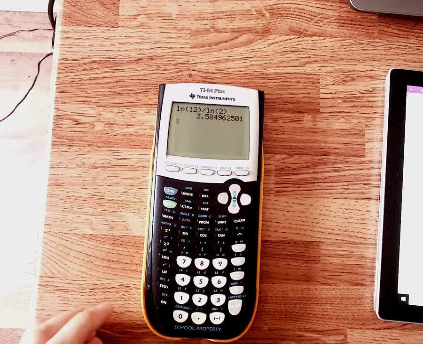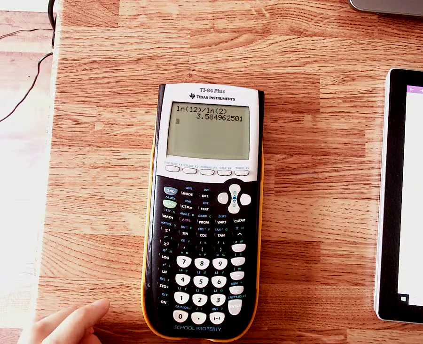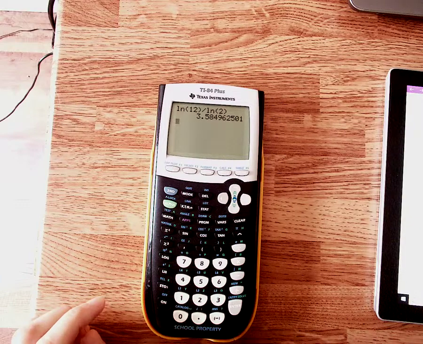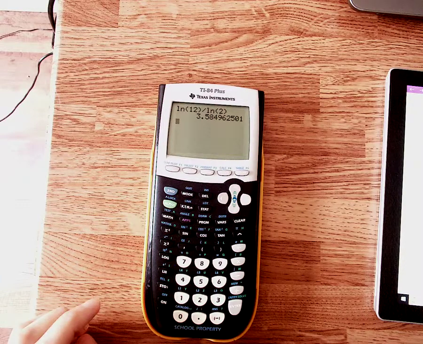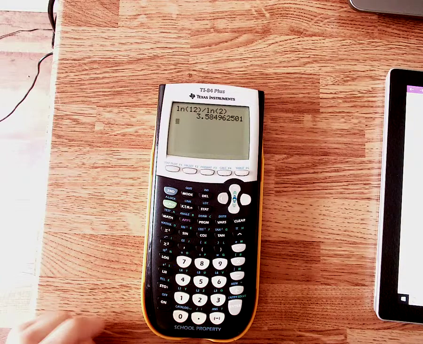We need to keep 4 decimal places, so that's about equal to 3.5850. Keep 4 decimal places. Because the 5th digit is 6, we need to round it up.